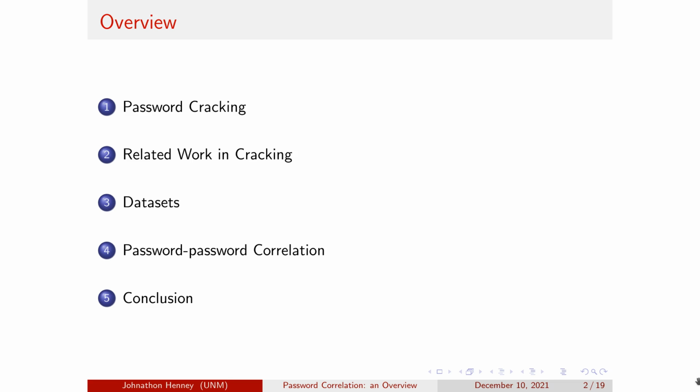And then we're going to talk about what they call password correlation, which is only part of their paper, but for this overview, this part we're going to touch on the most. I recommend looking into what they called password social correlation that they dig into more in the paper, which I will have references to at the end.